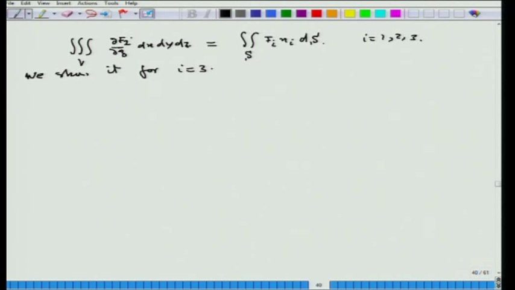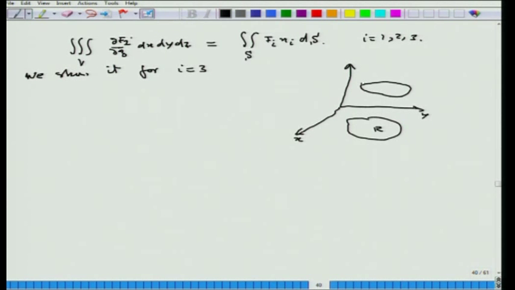Again we will do it for a simple case. Here we take this surface as parameterized by the x y coordinates, and so this surface S is projected onto this R, which is the projection of this surface. We take the simple case that the surface has two parts, the lower part z equal to g x y, and the upper part z equal to h x y.